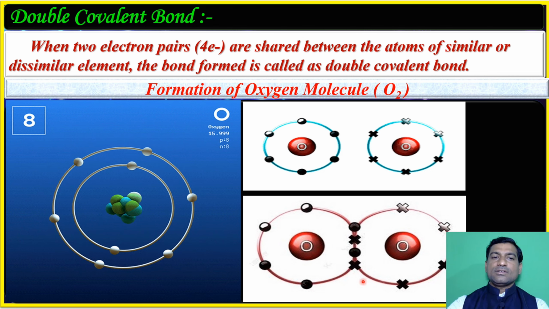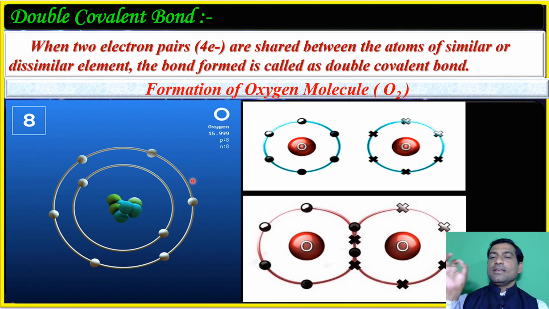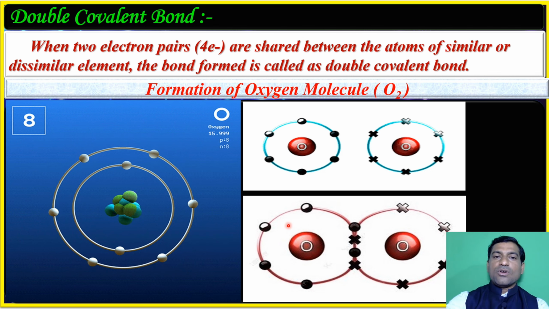For example, oxygen. The atomic number of oxygen is 8, means the first orbit contains 2 electrons, the second orbit contains 6 electrons, means oxygen is short of 2 electrons, or oxygen requires 2 electrons to complete the outermost orbit. So oxygen can share its 2 electrons.